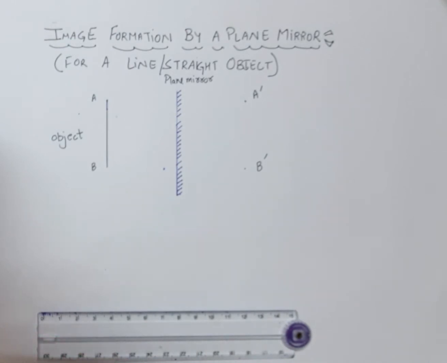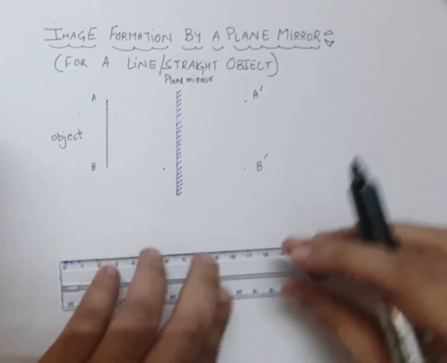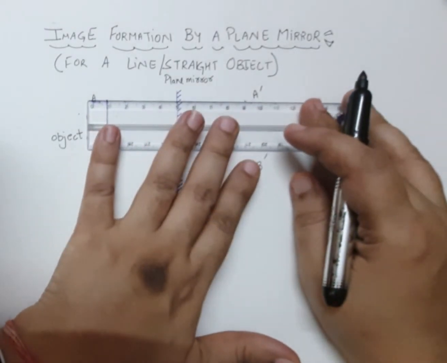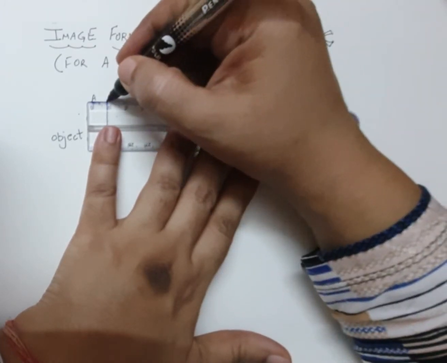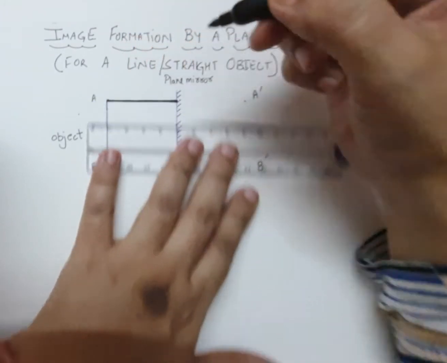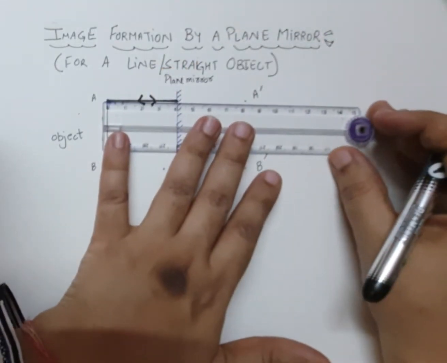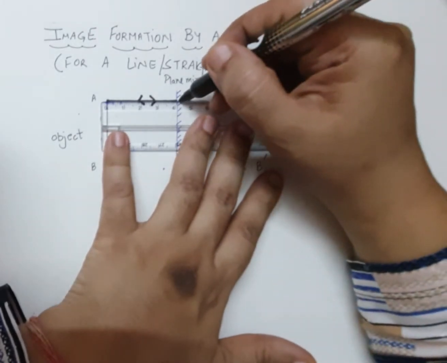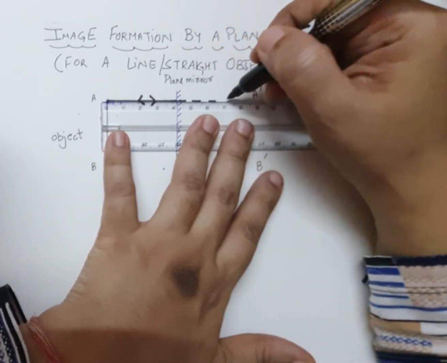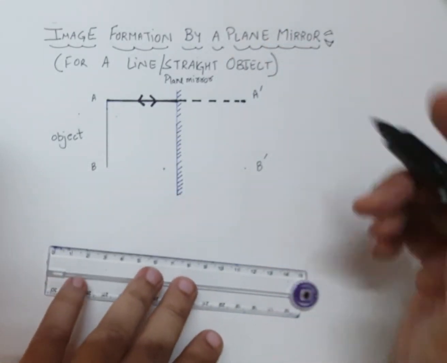Now for point A, consider this as the point object. So remember, we have drawn a straight incident ray falling on this plane mirror. It will be bounced back on the same path, and we will draw a dotted line behind, joining with this point A dash.